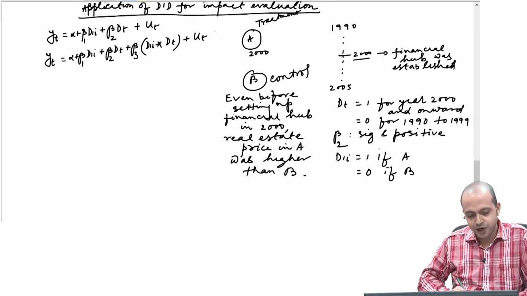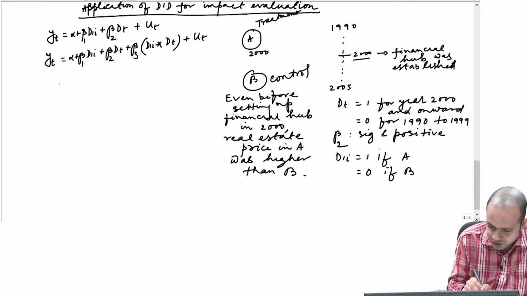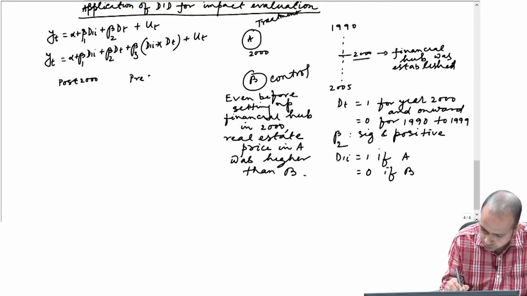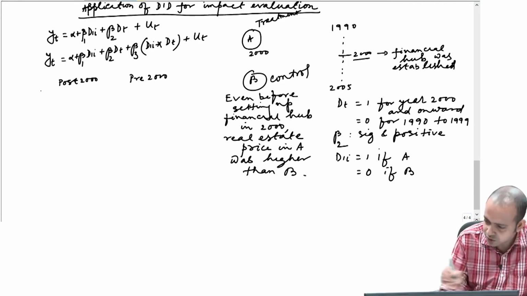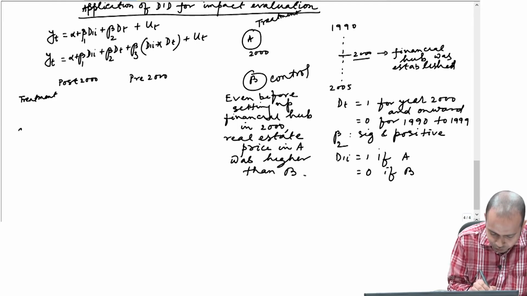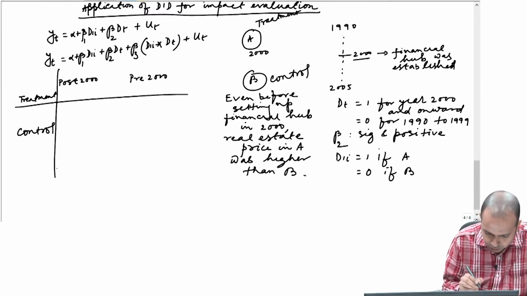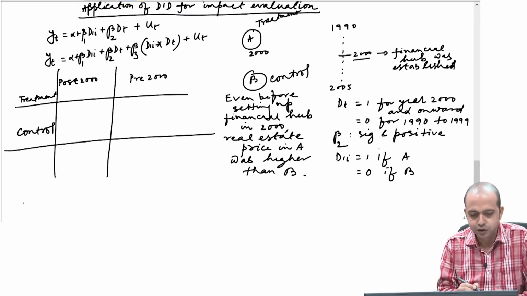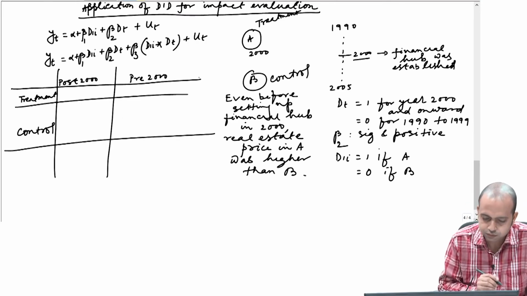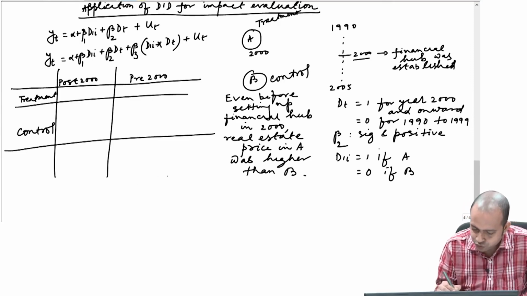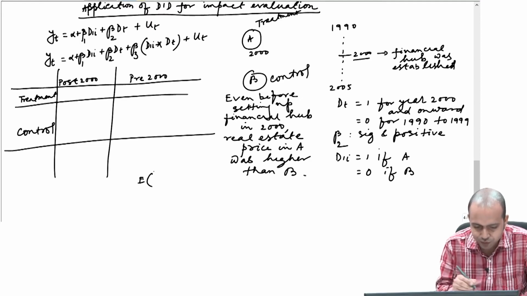Okay. All right. Now again, what I will do is, let us say, this is post 2000 and this is pre 2000, this is area A, which is treatment, and this is my control, that means area B. So, once again, you have to get the expectation for treatment.